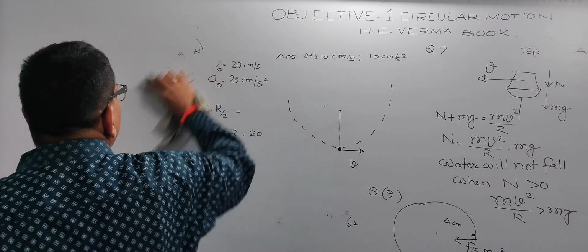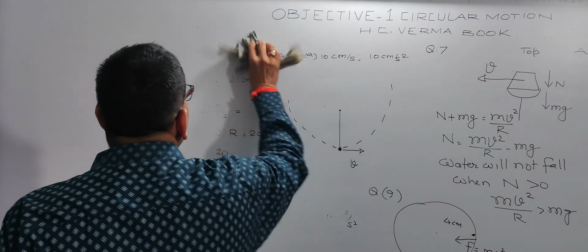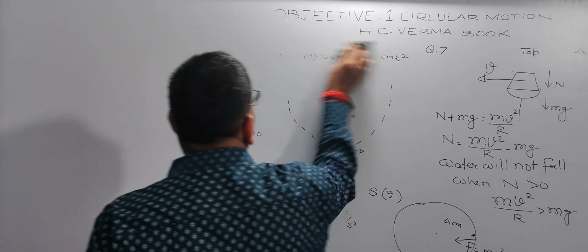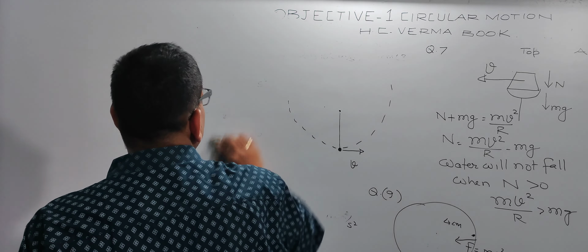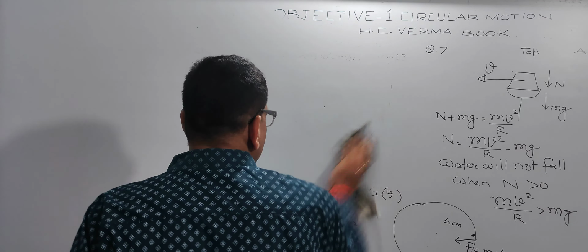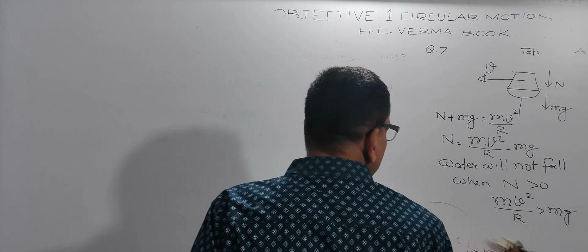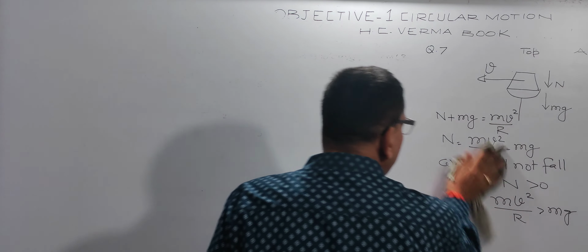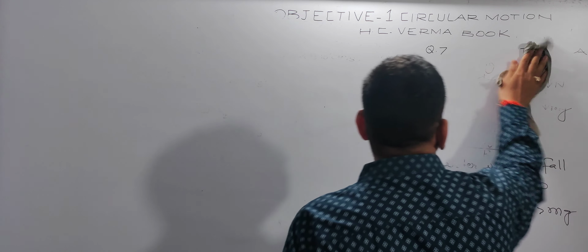Now the basic concept is you will take the component of the weight in the direction of the center whenever it is moving on a circular path. So that part we'll see, how to find out the normal reaction, whether it increases or decreases.